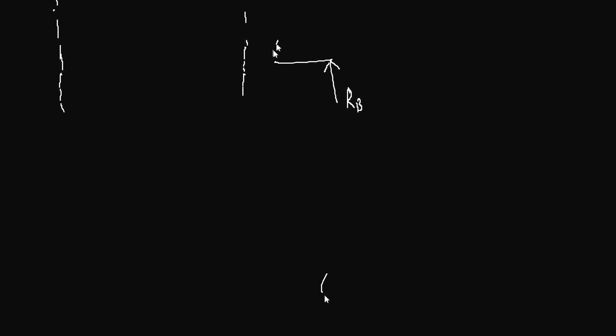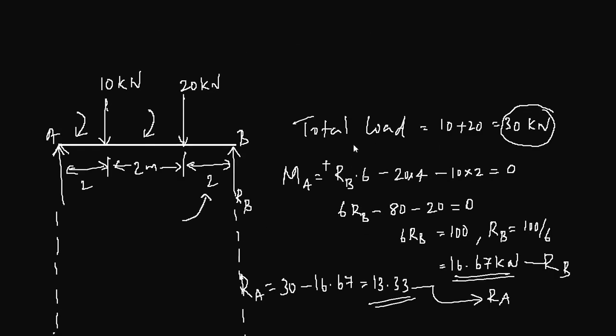RB, a section here, and let's call this distance X. RB we know it's 16.67, so moment about that section is RB x, and x can vary between 0 to 2 meter because the section starts here and finishes here. The total distance between these 2 points is 2 meter. At here the value of x will be 0, and at here the value of x will be 2.